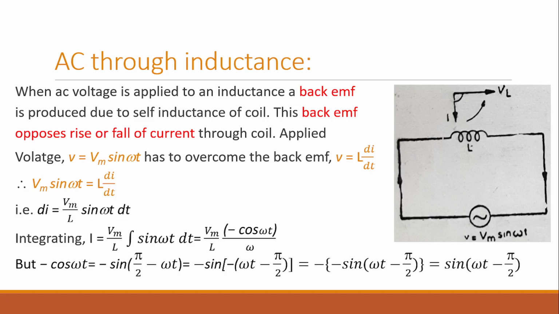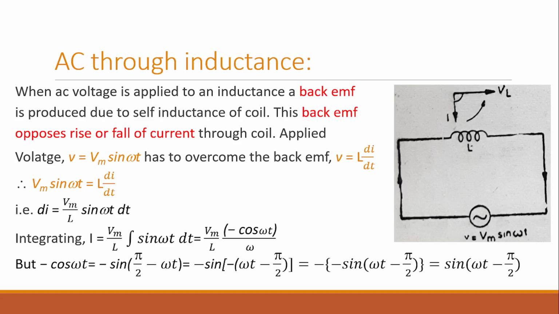So since inductance is the only component, that means we can equate the EMF developed across inductance as equal to voltage of the source, AC voltage of the AC source. So we can write Vm sin omega t equal to L into di by dt, from which we can write di equal to Vm upon L into sin omega t dt.